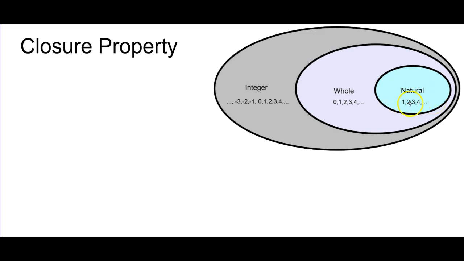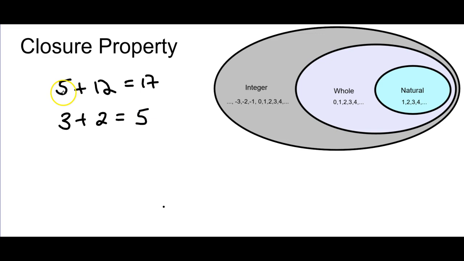So if we talk about natural numbers, and let's say I take two natural numbers and I add them, like 5 plus 12. When I add those two, I get 17. Take another two natural numbers, 3 plus 2. I get 5.